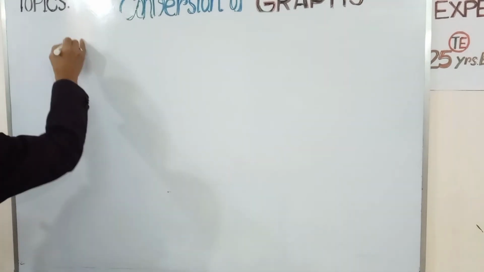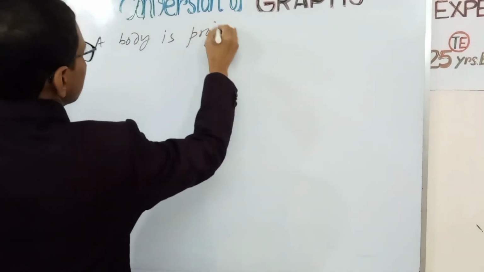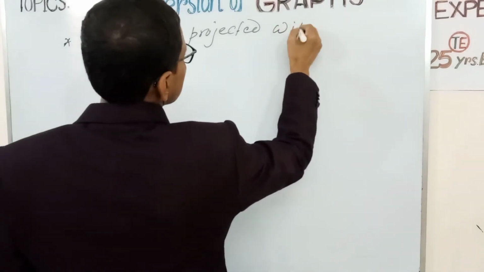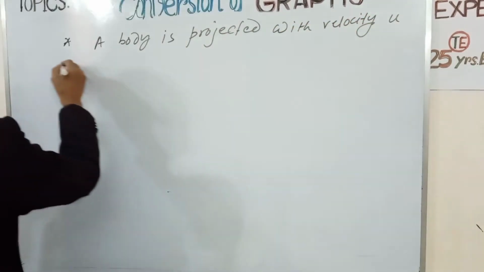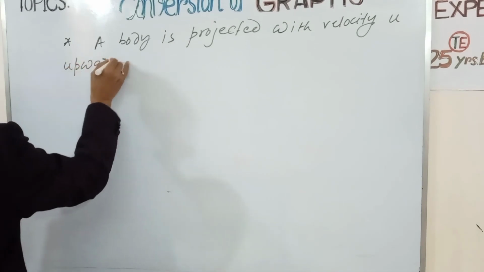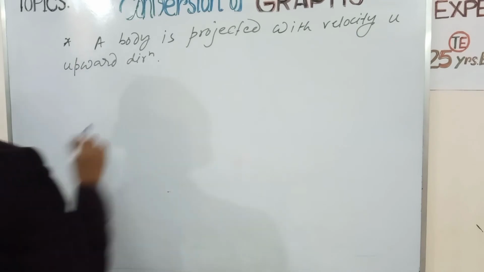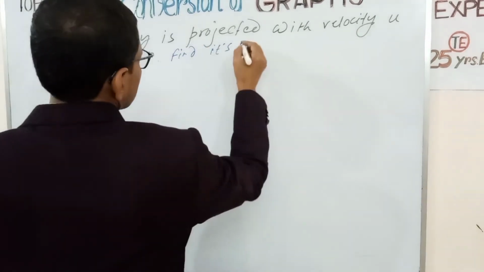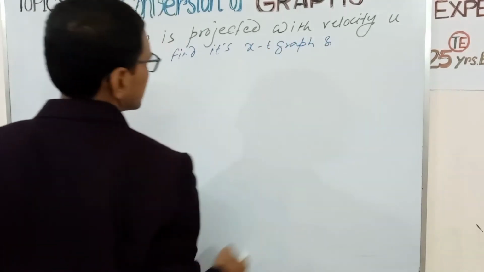One problem I will discuss. Suppose a body is projected with velocity u in the upward direction. Find its xt graph and vt graph.